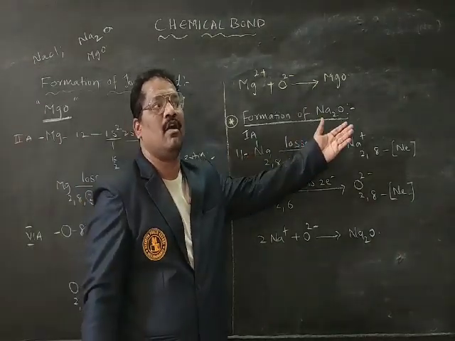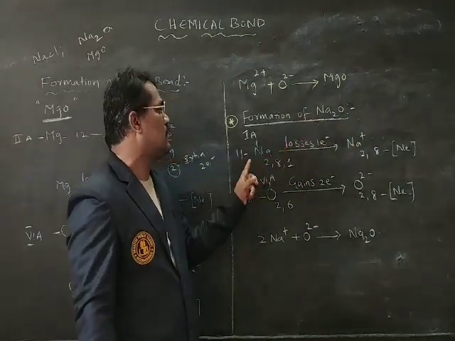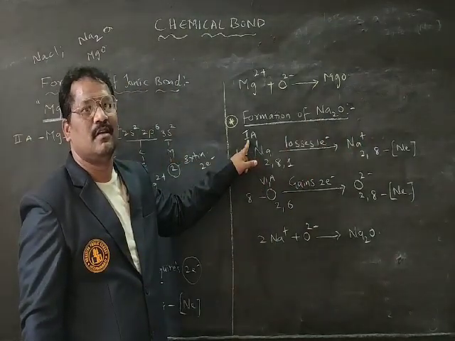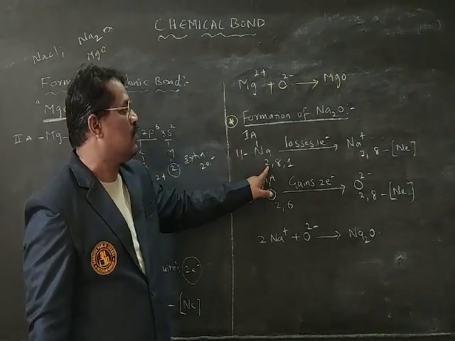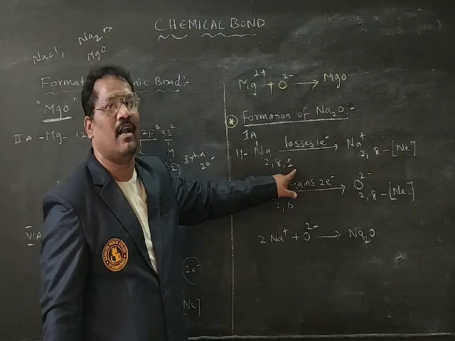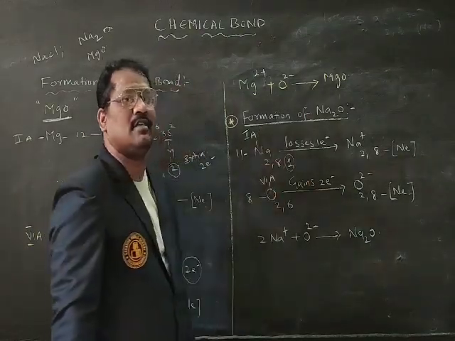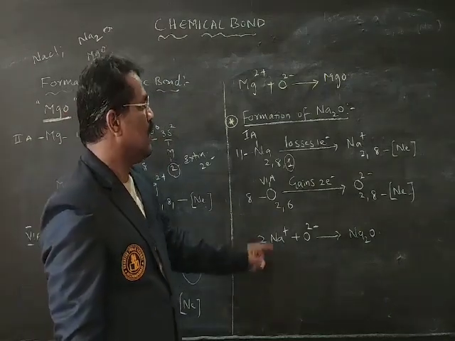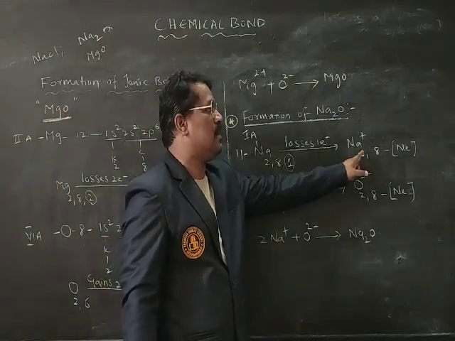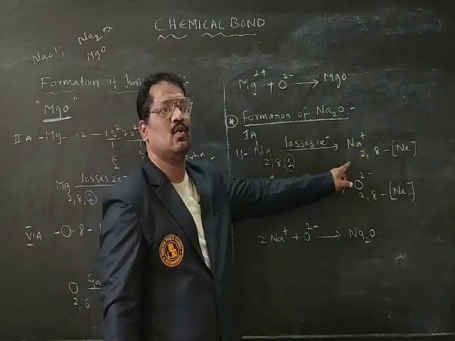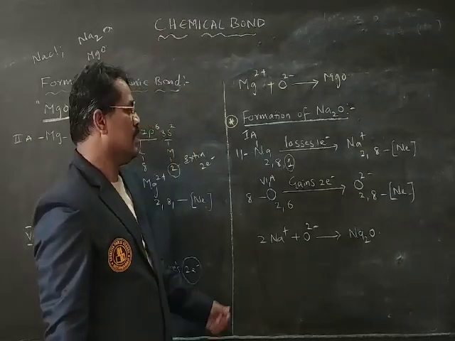How will a sodium oxide molecule form? When it comes to sodium, it belongs to first group. Atomic number is 11. Electrons are 2, 8, 1. It has 1 extra electron in the valence shell. So it loses that electron and forms a Na plus ion, which is 2, 8, equal to neon.